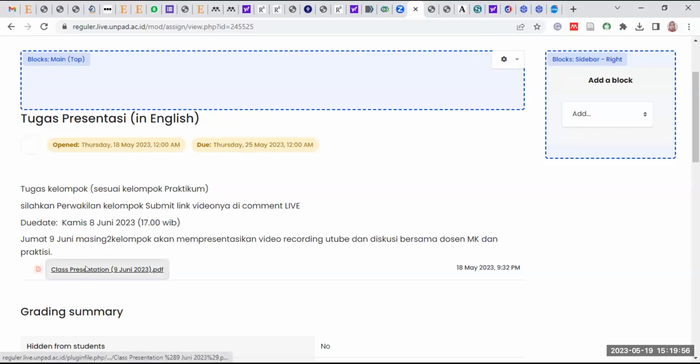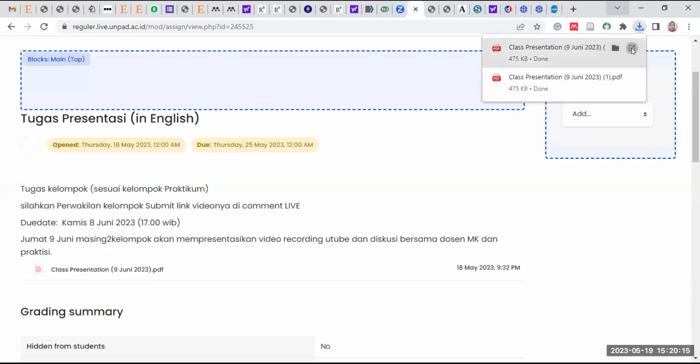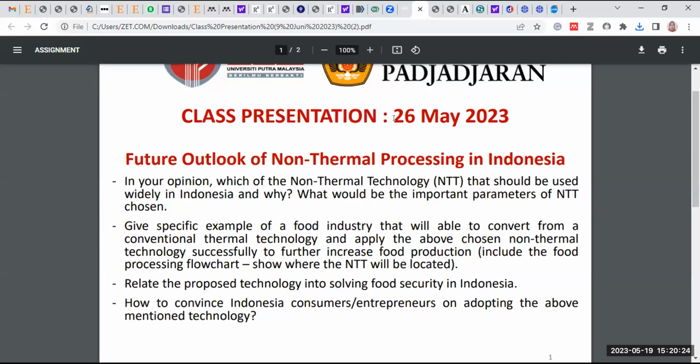Dan di sini sudah ada ya, there are some questions here. Oke, di sini ya di class presentation. Oke, tanggalnya sudah direvisi 9 Juni.